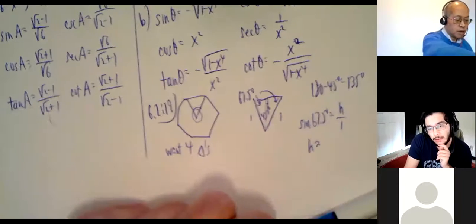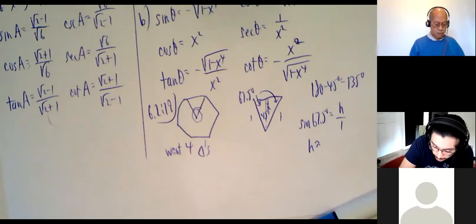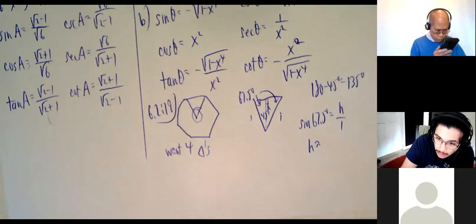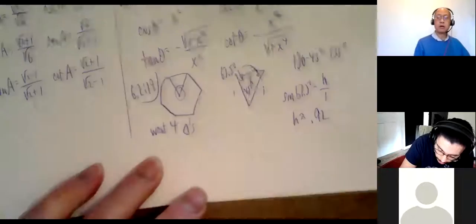Okay, so just punch it in my calculator. I'm in radian mode. I've got to get back to degree mode. Okay, so what is it? Sine 67.5, 0.92, call it 0.92 roughly.